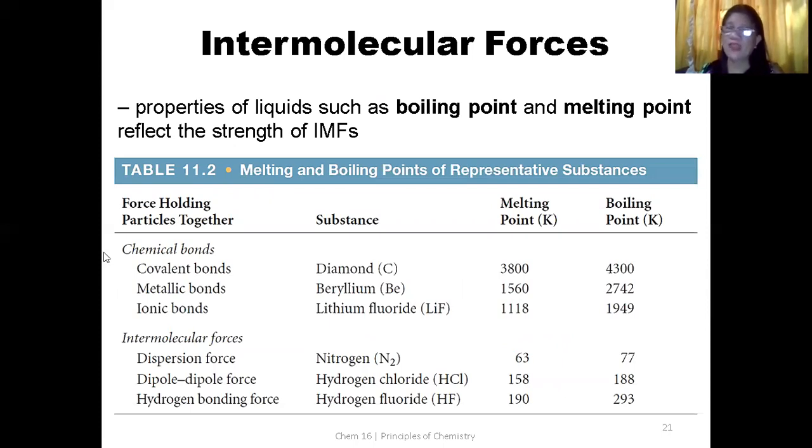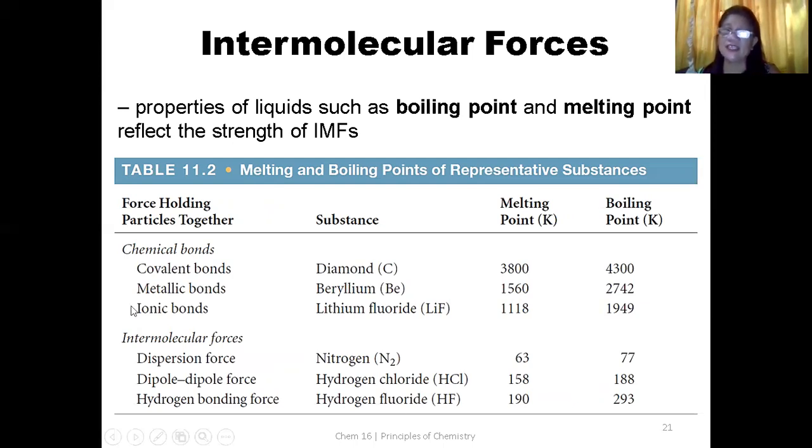It is the covalent, followed by metallic and ionic. No? So comparing the strength of covalent chemical bonds and intermolecular forces, mas strong ang chemical bonds. Ang pinaka-strongest sa chemical bonds is the covalent bond. For the IMF, ang pinaka-strongest is the hydrogen bond, followed by the dipole, and the least is the dispersion.